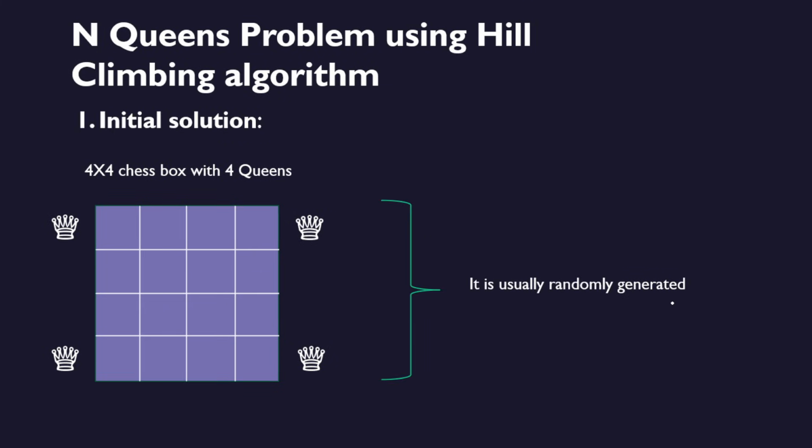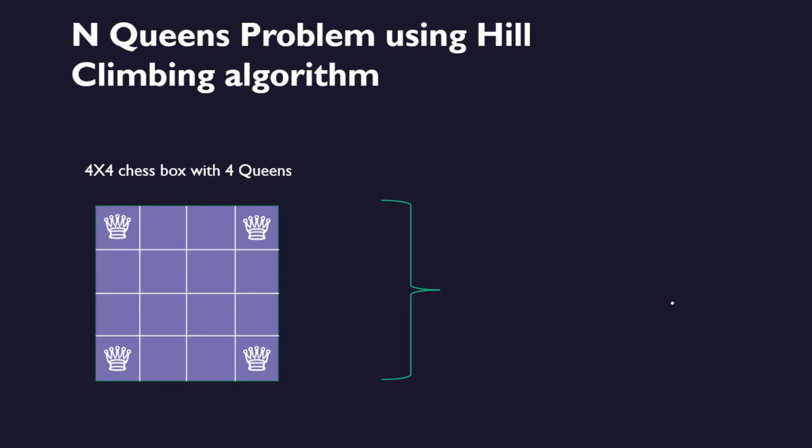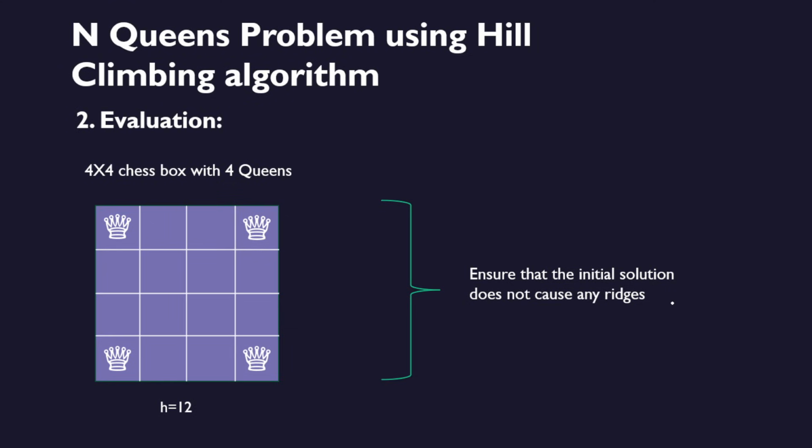So now let's start. For the initial solution, I'm going to place all 4 of my queens in the corners. This is randomly generated. Now the second thing is evaluation. Now I'm going to check whether the initial solution I've taken won't cause me any ridges. What do I mean by ridges here?